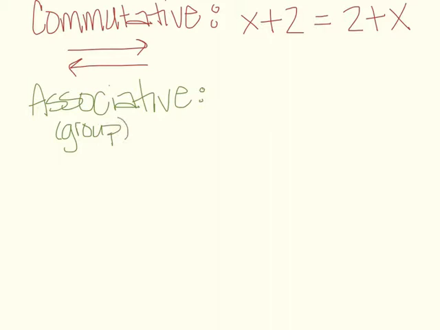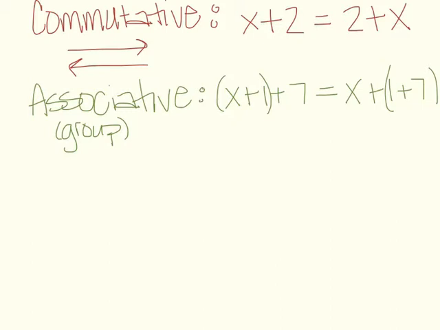So if I had x plus 1 plus 7, I could either group it as x plus 1, plus 7, or I could group the 1 and the 7 together, which makes it a little bit easier to see that what we're really saying is x plus 8.